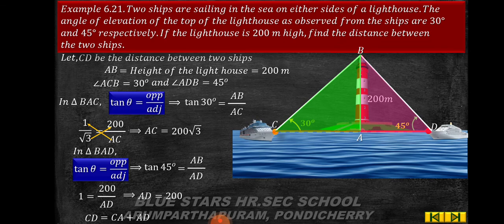Therefore, CD is equal to CA plus AD, which is equal to 200 root 3 plus 200. You can take 200 common out. So, 200 into root 3 plus 1. We know the value of root 3 is 1.732.